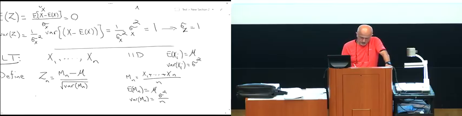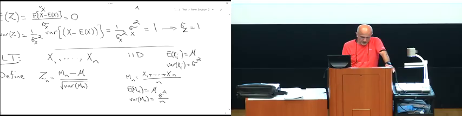So, what have I done here? What is Zn? What is the mean of Zn? 0, because I took the random variable Mn and subtracted the mean, and so that's why it's a 0 mean random variable.